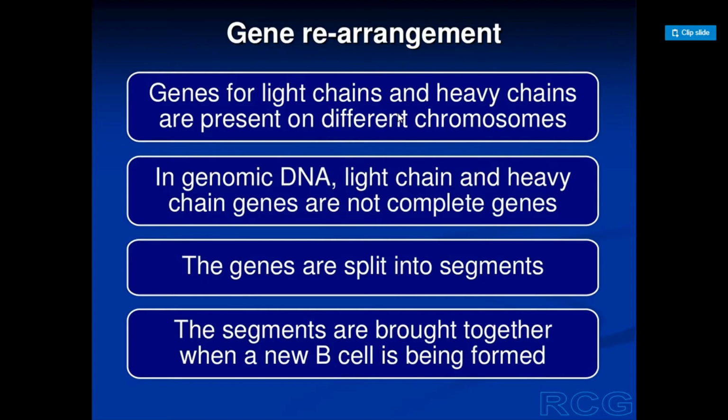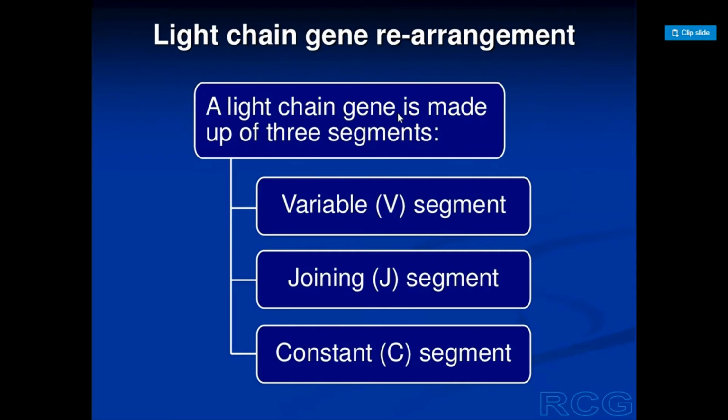The genes are split into segments, and these segments are brought together when a new B cell is being formed. In light chain gene rearrangement, the light chain gene is made up of three segments: variable segment, joining segment, and the constant segment.